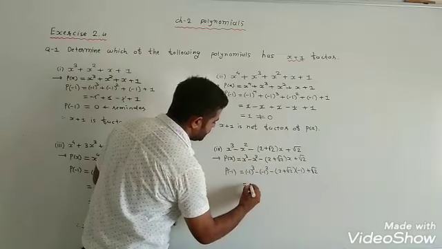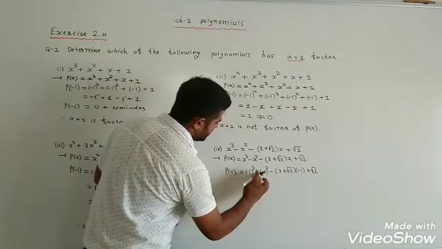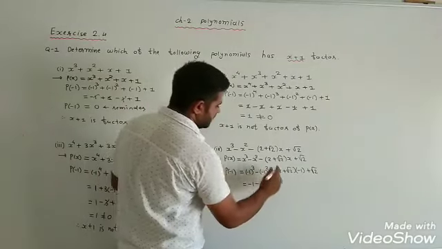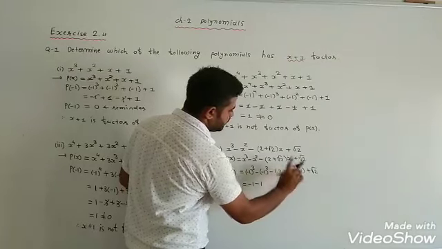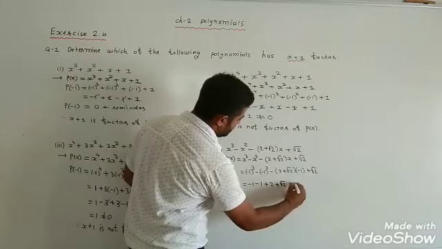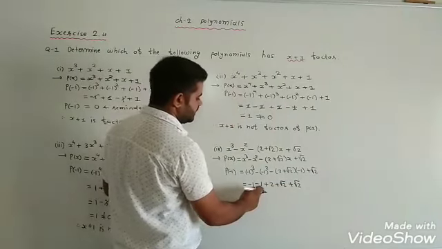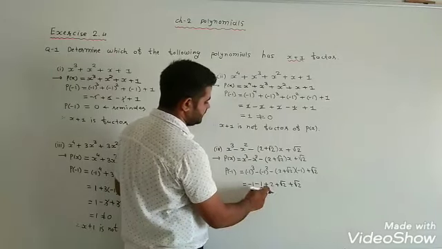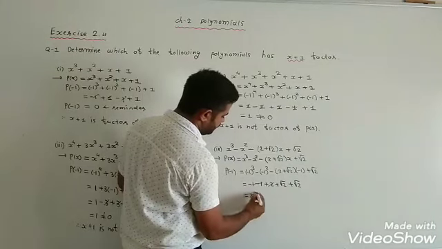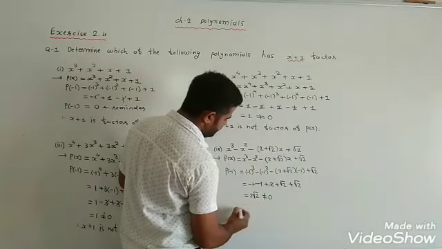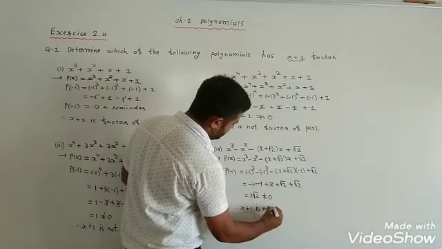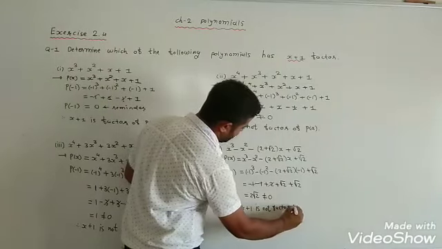Minus 1 cube is minus 1, minus 1 square is plus 1, and plus 1 into minus gives minus 1. Now minus times plus gives plus 2 and plus root 2, and plus root 2. Minus 1 minus 2, this minus 2 cancels with the plus 2, so this whole part cancels, and root 2 and root 2 give 2 root 2, which is not equal to 0. So we can say that x plus 1 is not a factor of p of x.